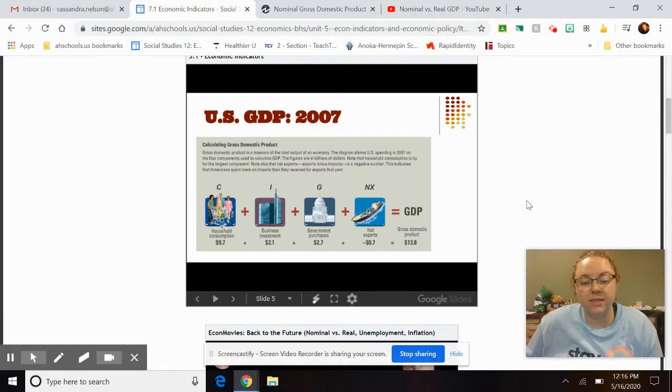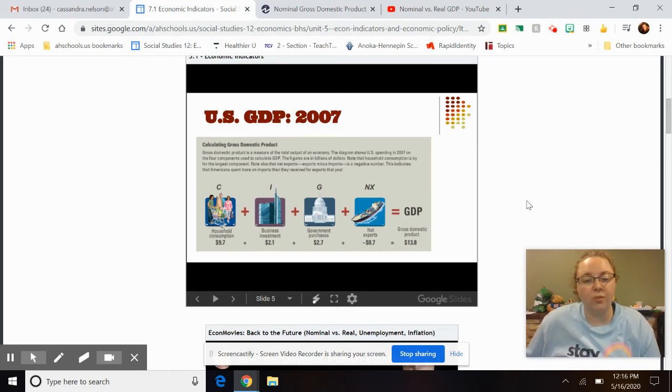C is the household consumption. How much are households consuming, spending on products? The I is business investment. How much is a business investing? G is for the government purchases. What's the government doing to help the economy? And then NX is the net exports, which actually is a negative number.